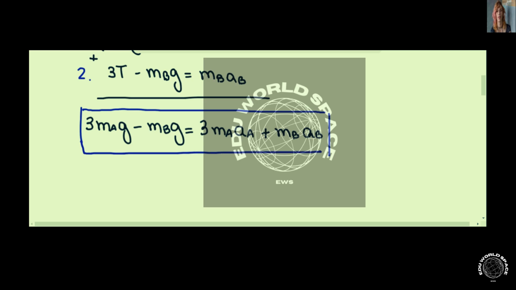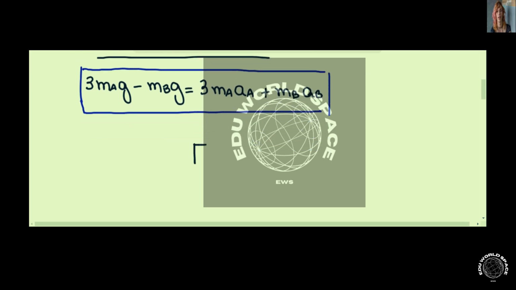Also, notice that when block A drops a certain distance, which I'm going to call delta xA, block B is raised a certain distance, which I'm going to call delta xB.